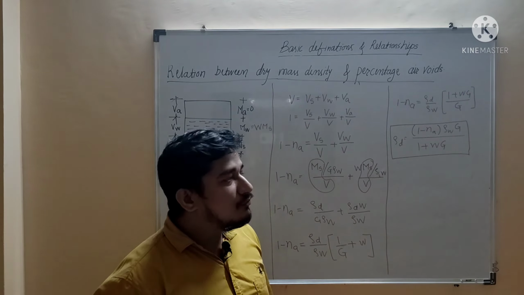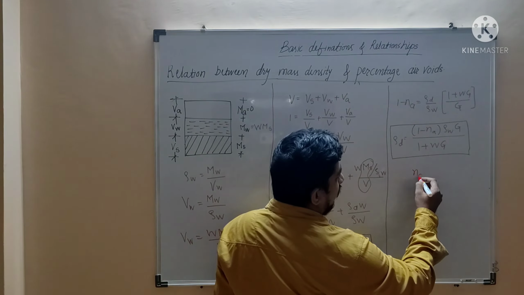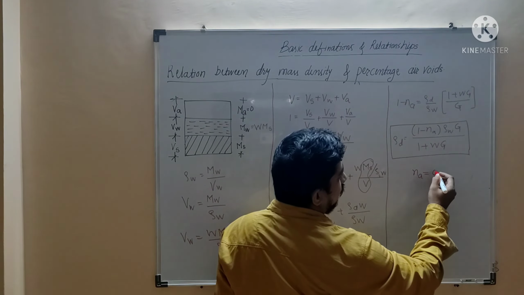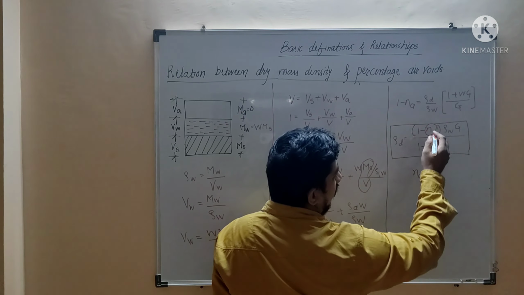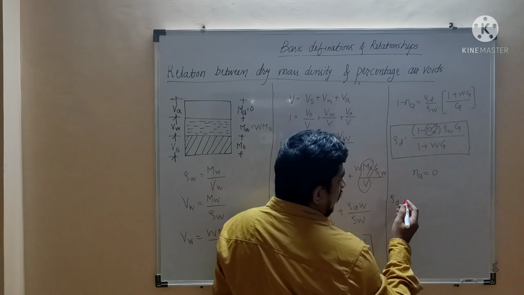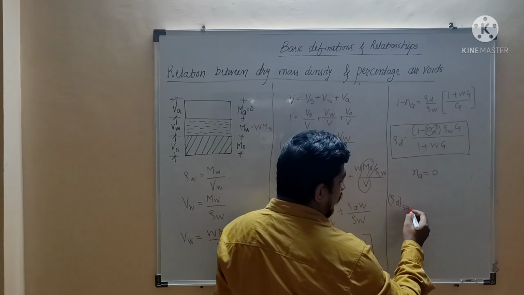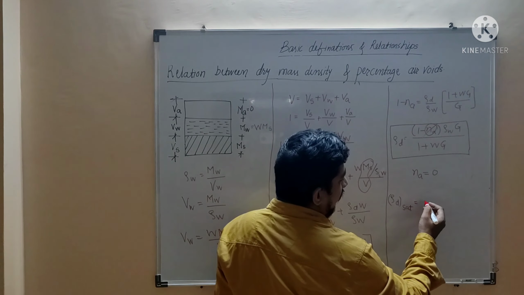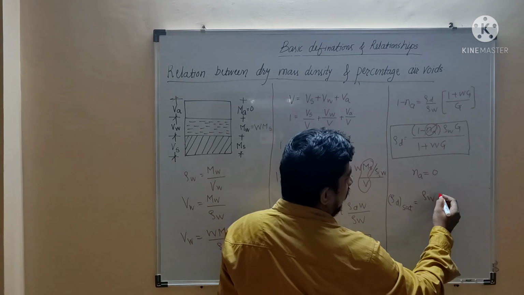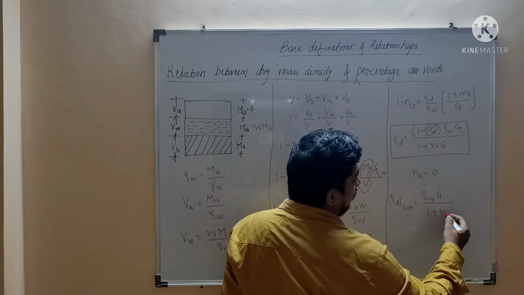Suppose the soil is fully saturated. In that case, Na, percentage air voids, will be equal to 0, so this term is eliminated. Then rho d, dry density of a soil in saturated condition, rho d sat, will be rho w into G divided by 1 plus wG.